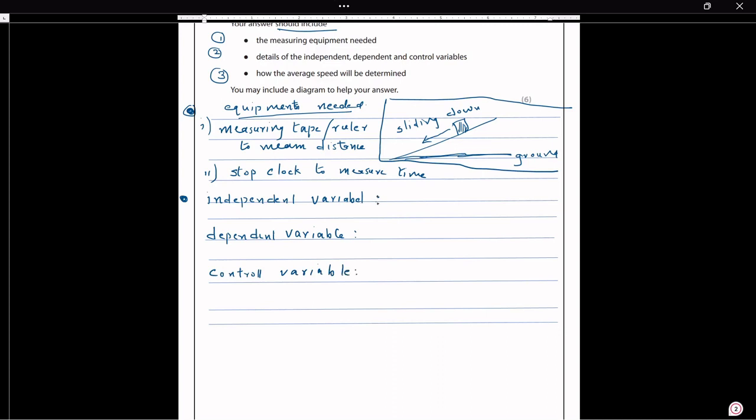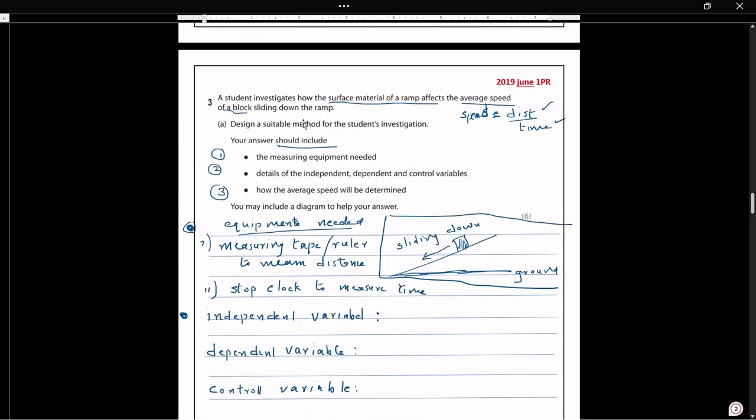So independent variable means in the experiment what we select and vary, what we choose and vary. Here, since the student is investigating how the surface material of a ramp affects, that means he has to do the experiment with different surface material of the ramp.